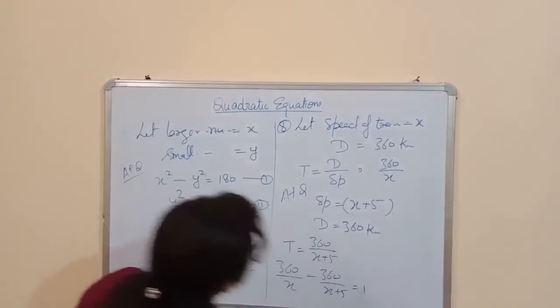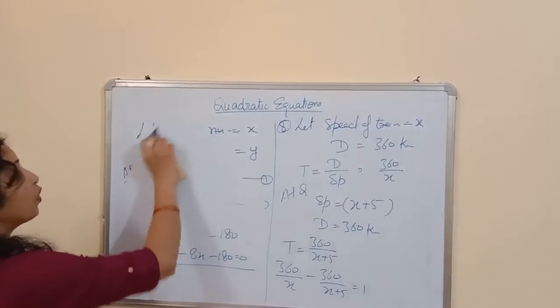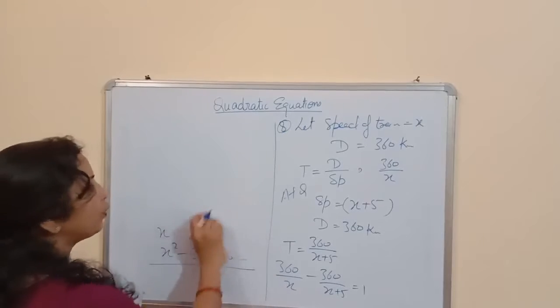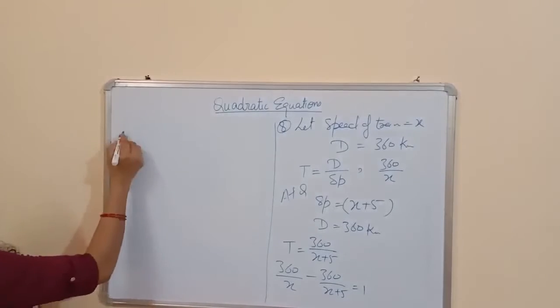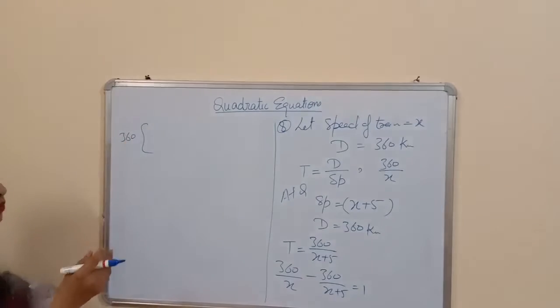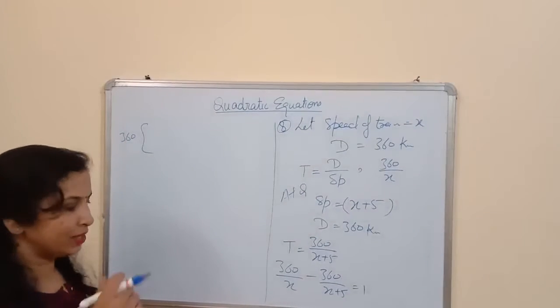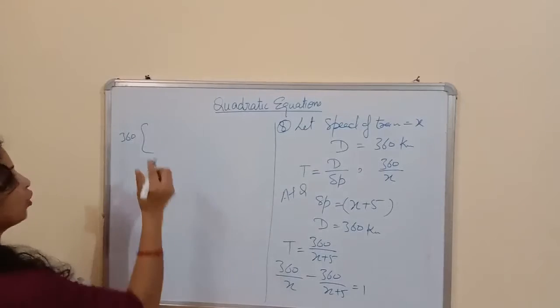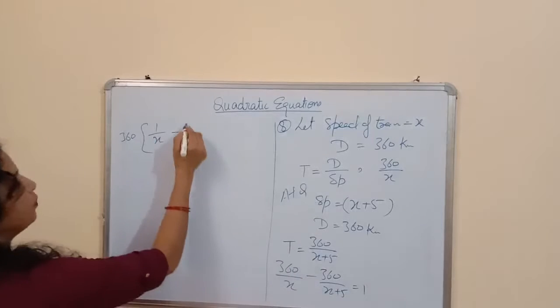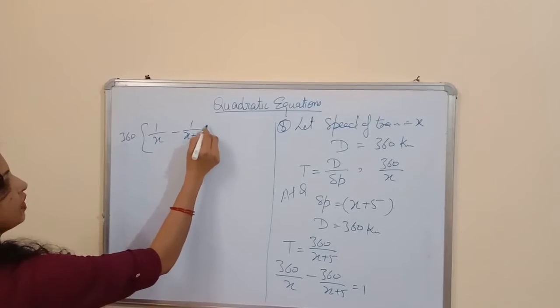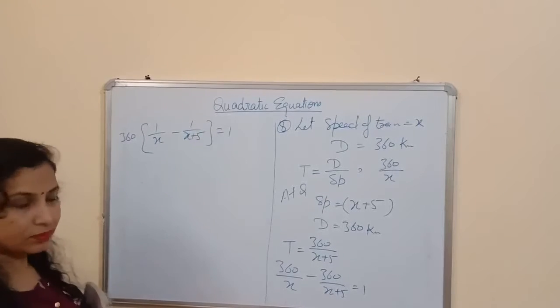Okay, I am not going to solve the quadratic equation. I will only make the quadratic equation and you will solve it yourself. I am going to tell you how you can make the quadratic equation easily. We can take 360 as common. Here will be 1 upon x minus 1 upon x plus 5 is equal to 1.